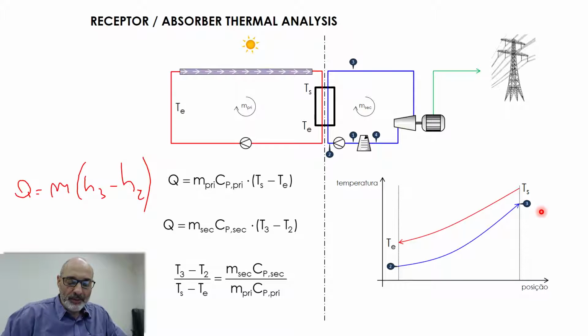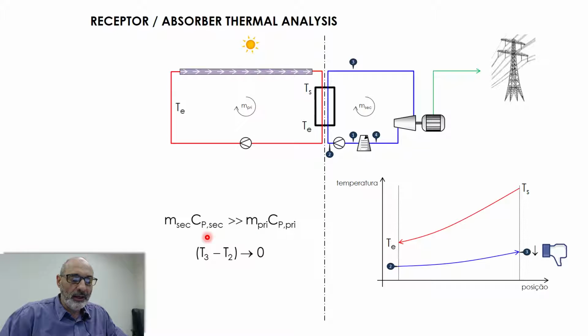What happens now if the heat capacity of the secondary is much greater than the heat capacity of the primary? For each energy unit released by the primary fluid, it experiences a temperature drop which is greater than the temperature increase of the secondary for the same absorbed unit of energy.